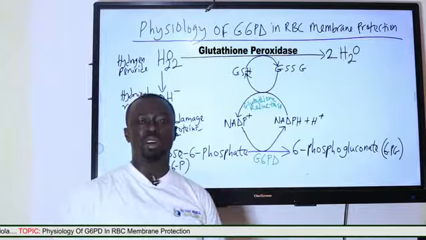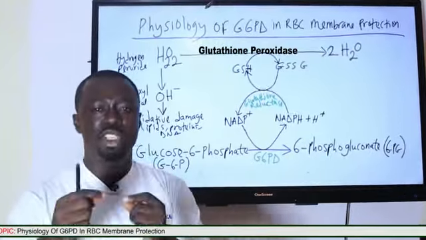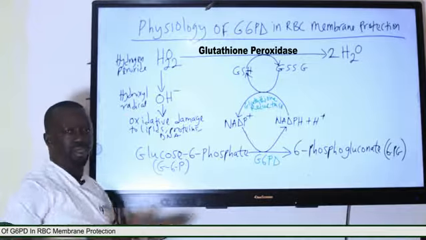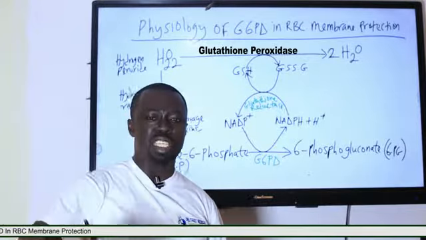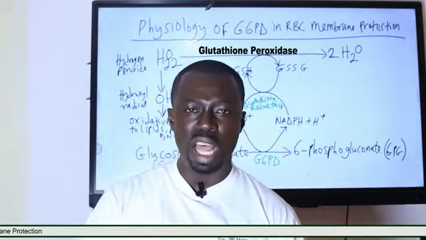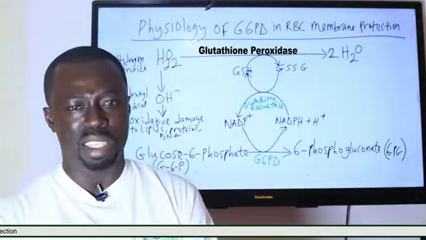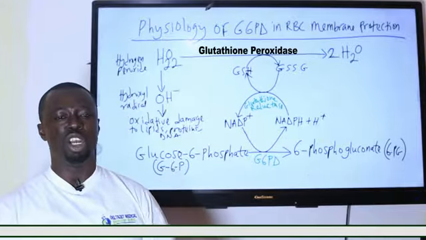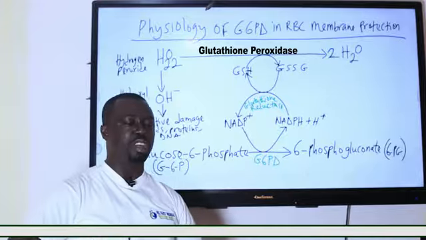So in the laboratory, we have the sodium nitrite acting as an oxidant, which will cause oxidative stress by converting the hemoglobin molecules that are contained in the red blood cells to methemoglobin. So the methemoglobin becomes the oxidized version of hemoglobin.